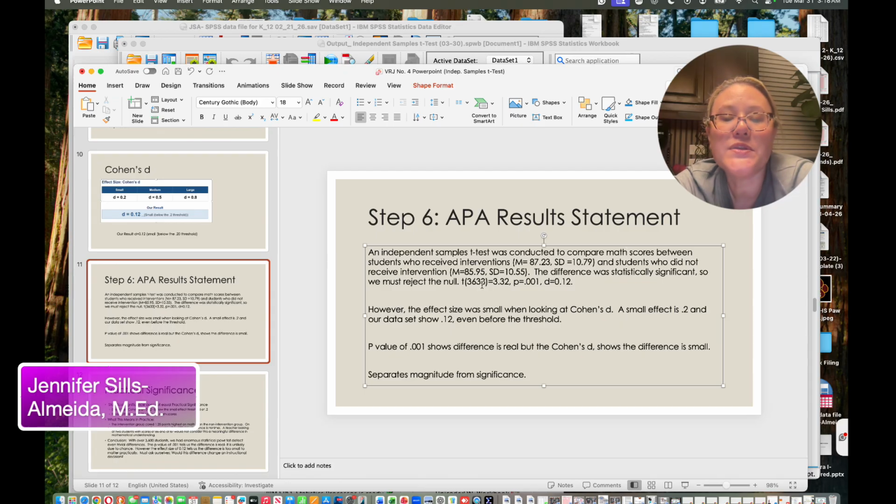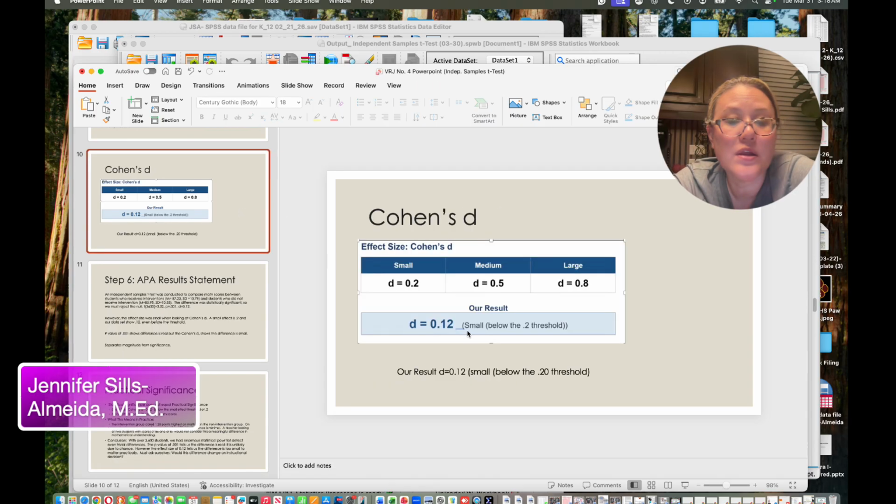The difference was statistically significant because of the p-value, so we had to reject the null. However, it's good to note that even though it was statistically significant, the effect size was small because of Cohen's d. The effect size was only 0.12, because the scores weren't that different between the two groups.